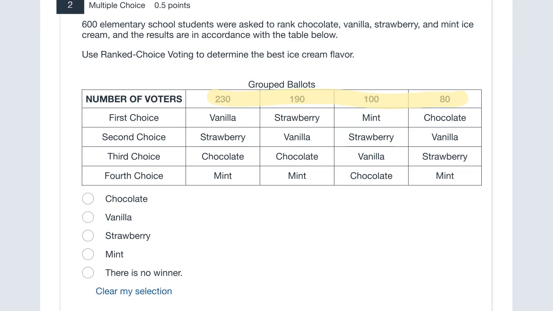And in fact, in this one, we're told way up at the top that there's 600 voters. You're not always told that, but in this case we are.